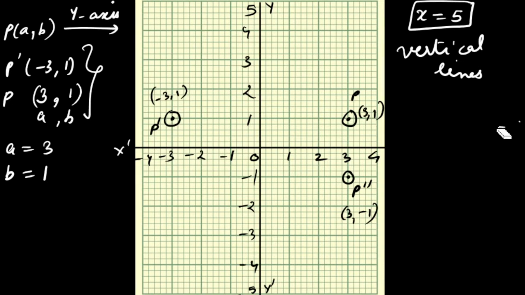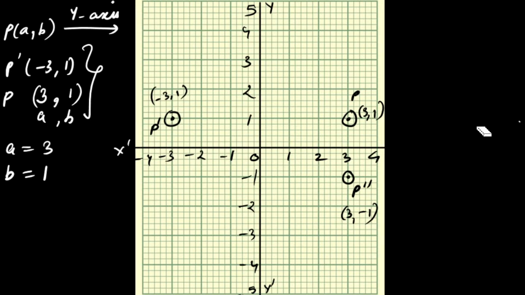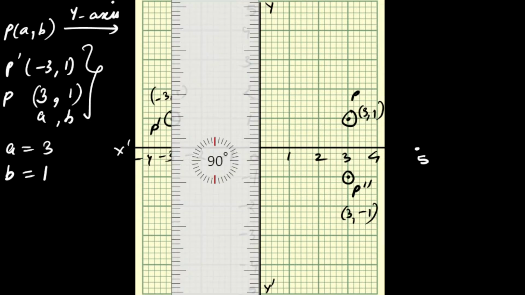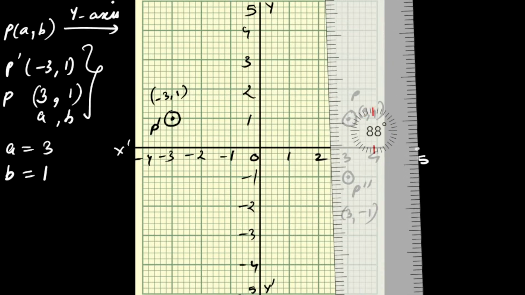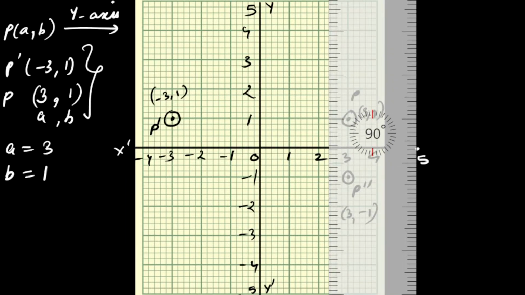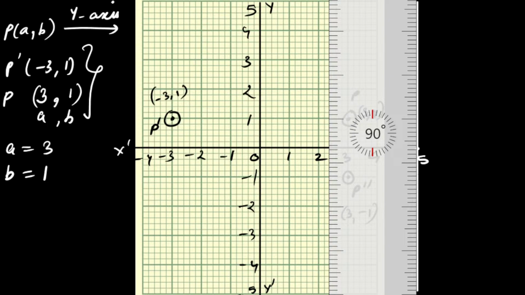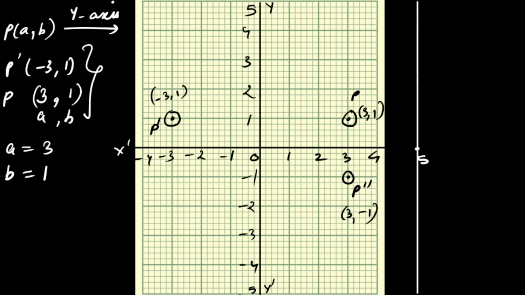Because the graph is very small, the point x is equal to 5 will come somewhere here, and here we have to draw one line, because from this line I have to do the reflection. So I have drawn the line. It's outside the graph. You have to draw it in the graph, because I don't have space here.